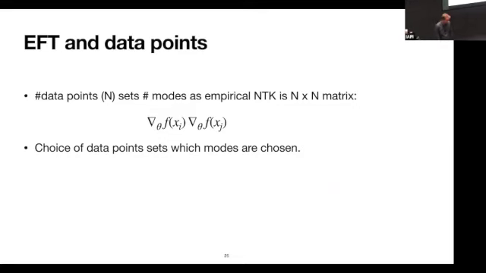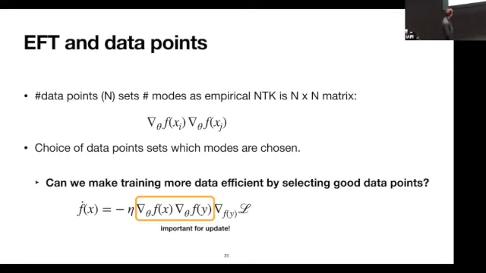But one crucial thing is that the choice of data points sets which modes are actually chosen, so which eigenvalues I see. The natural question is, can we make training more data efficient by selecting good data points? This is really important for the update of our neural network.